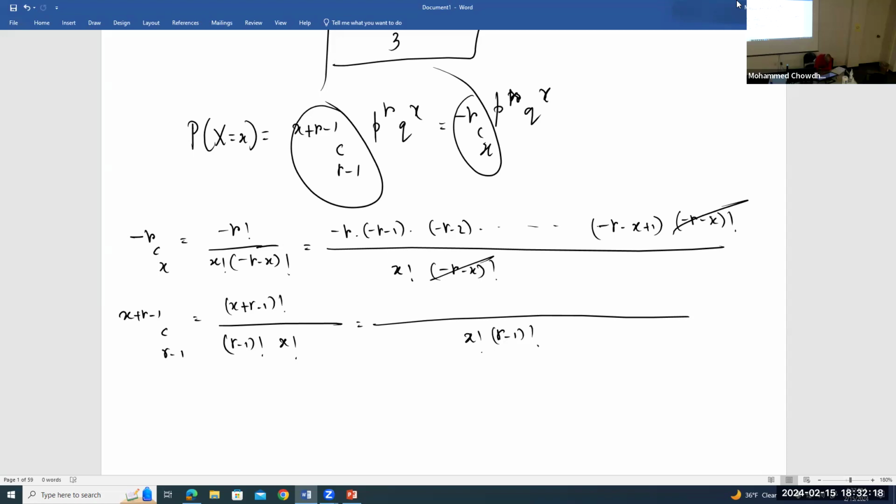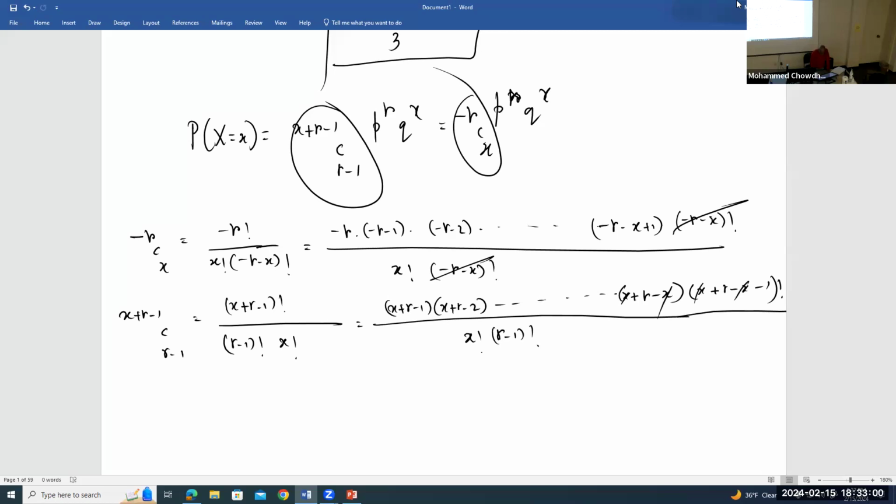So now if I write like this: x plus r minus 1, x plus r minus 2, and if I go all the way, then we will have x plus r minus x, and then x plus r minus x minus 1. So these cancel, and then this is a factorial in here. This and that cancel. This and that cancel.